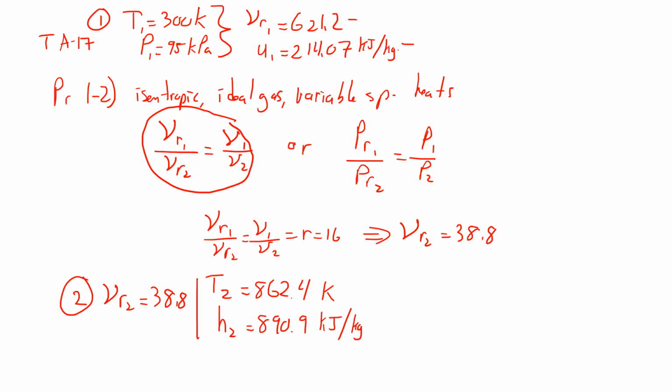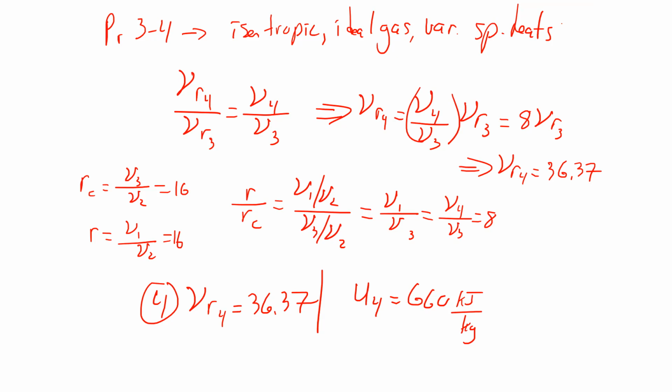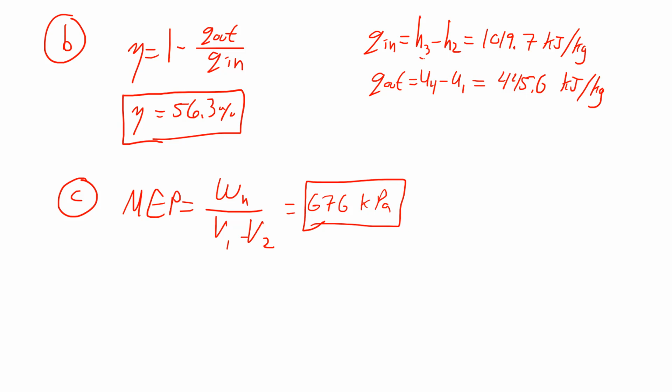We followed from state 1 to state 2 for an isentropic process, got our properties at state 2, followed the process line from state 2 to state 3, which is a constant pressure process, to get T3 in order to get our properties at state 3, and then followed the process line from 3 to 4, which is again an isentropic process, in order to get the relative volume so that we can get our internal energy at state 4. Plug in those properties to get our energy transfer terms, Q in and Q out, in order to get the efficiency.